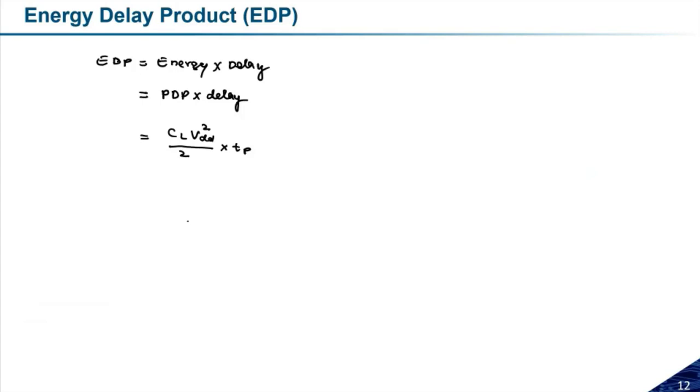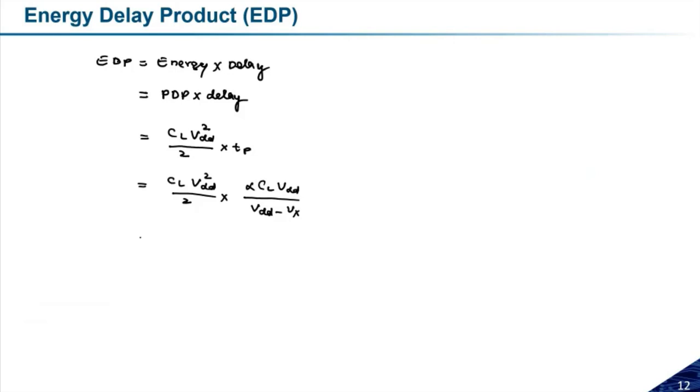For this TP, whatever value we wrote in the previous slide for the TP, you should use it. So it will be CL VDD square by 2 into TP, where TP is alpha times CL VDD divided by VDD minus VT. VT, we know what this is.